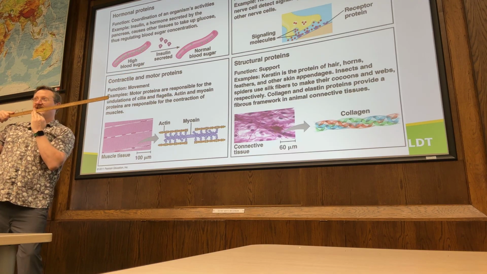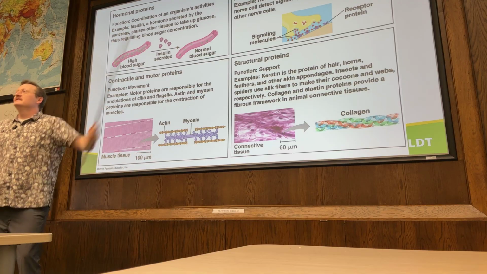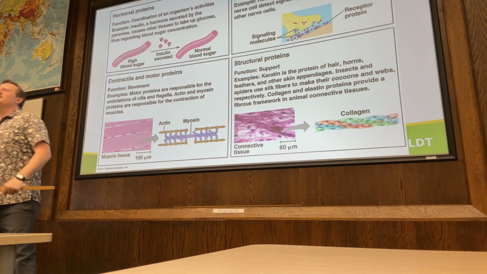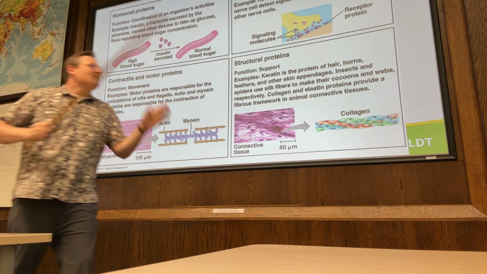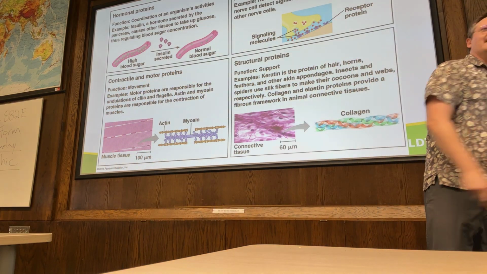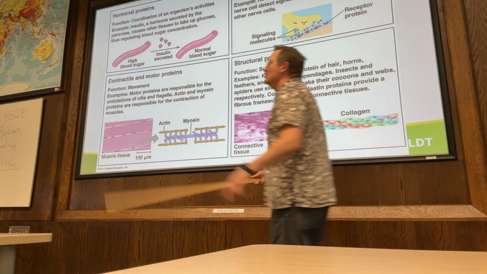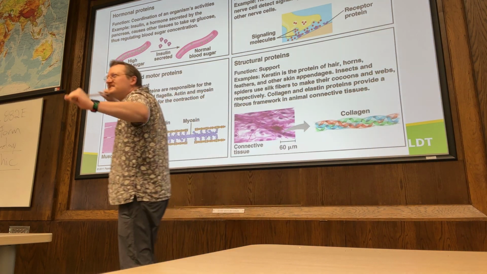Like this. And so a bunch of those working together contract your muscles. So contractile and motor proteins, they work on larger scales to make your muscles flex. They work on smaller scales to move little things on the cell level.